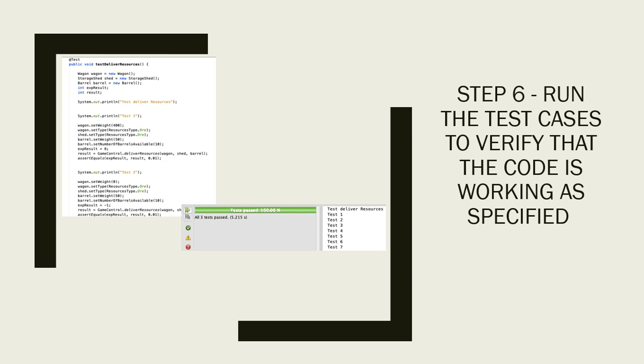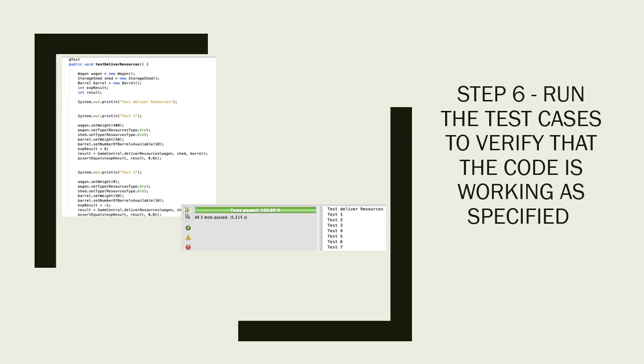In the picture on the right, you can also see a screenshot of the test after running. As you can see, the test passed at 100%, so all of them went as we expected.